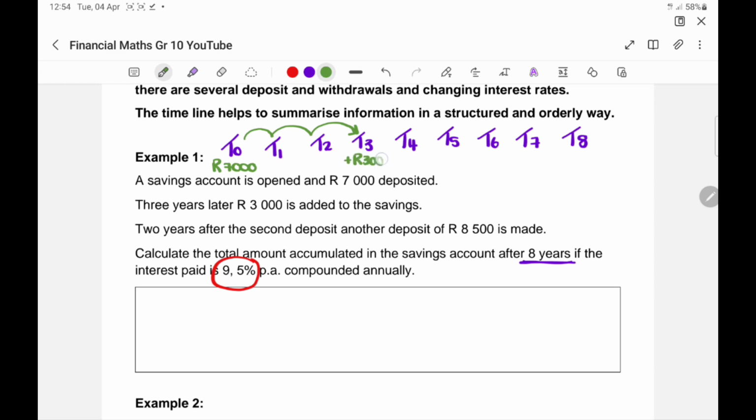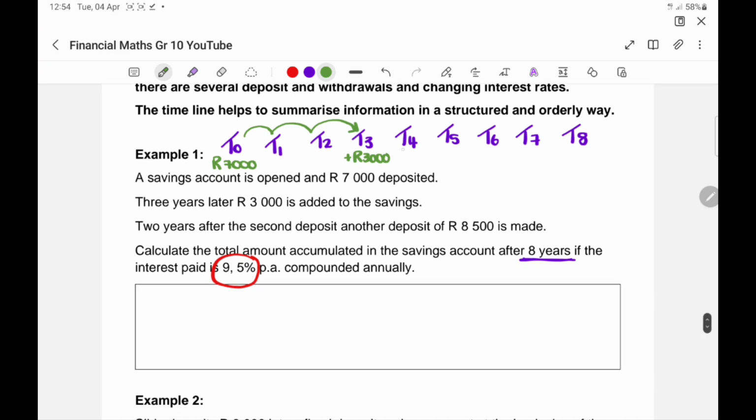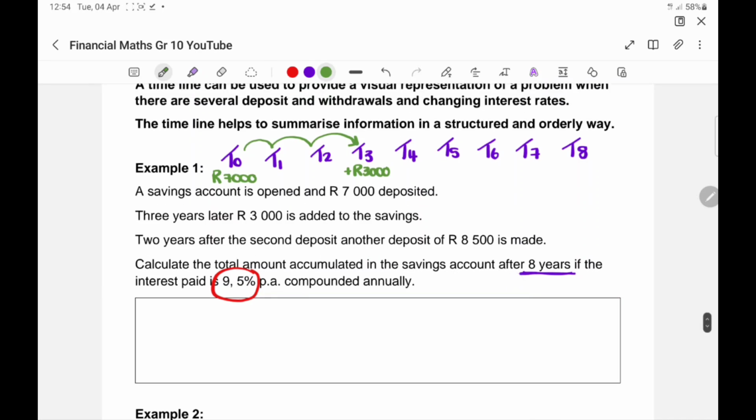So I'm going to plus 3,000 Rand. 2 years after the second deposit, another deposit of 8,500. So from here, the second deposit, it's 2 years, another plus 8,500 Rand has been added.